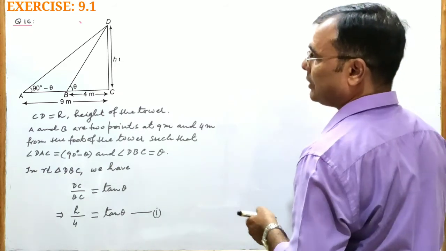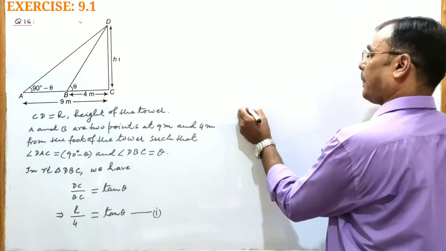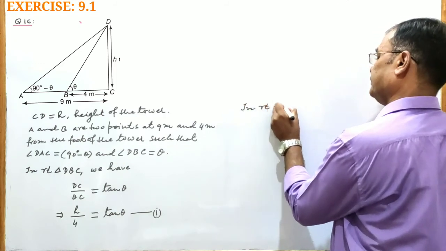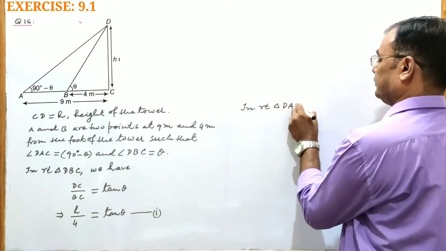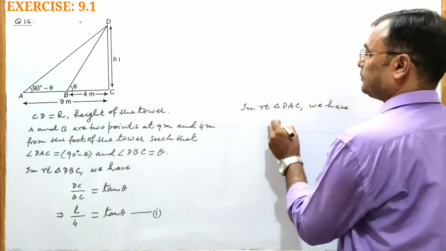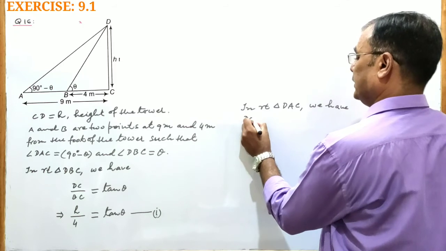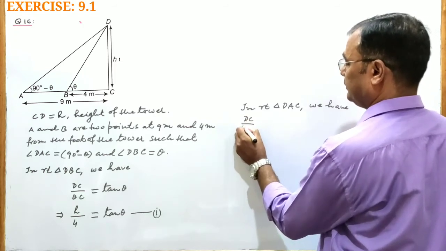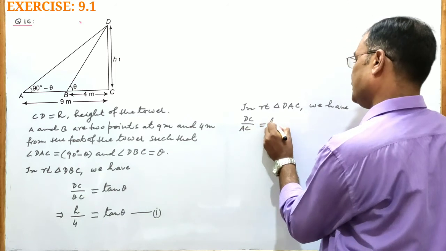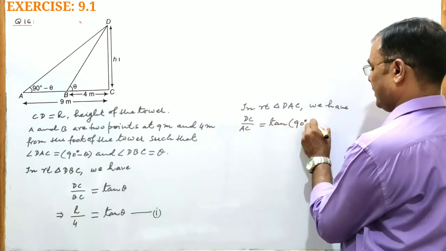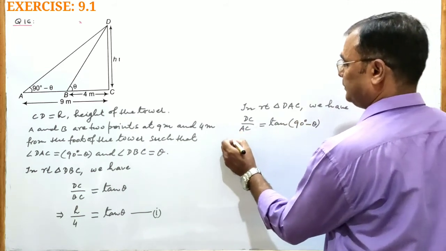In right triangle DAC, we have DC by AC equal to tan 90 degrees minus theta.